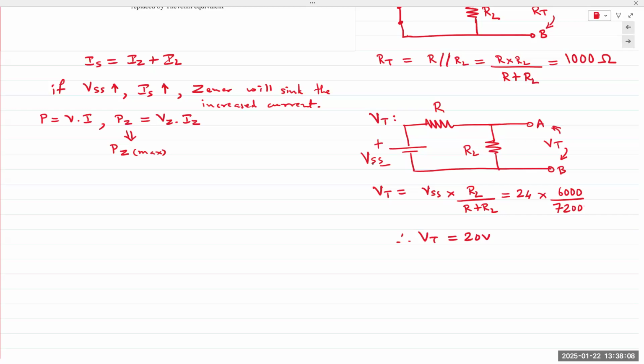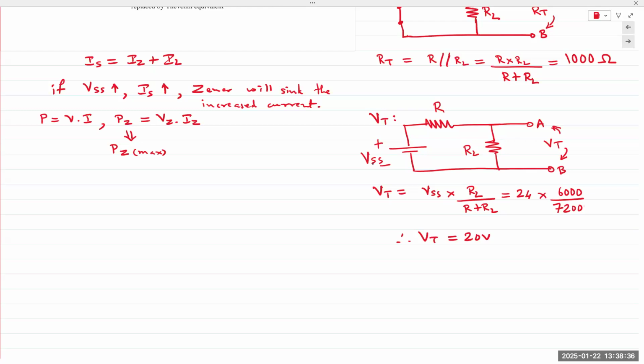So while you write it down, a couple of observations. We are applying a certain amount of voltage. In this case, VSS is 24 volts. That 24 volts is being split across R and RL. And the Thevenin voltage, VT, is the thing that is being applied to the Zener diode, right?